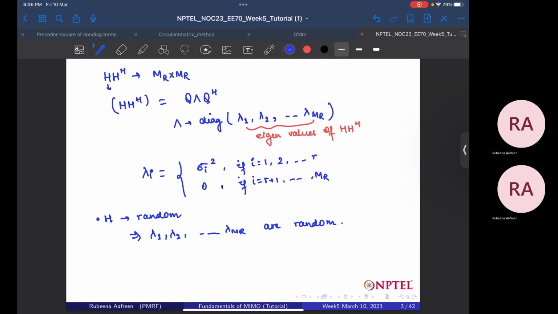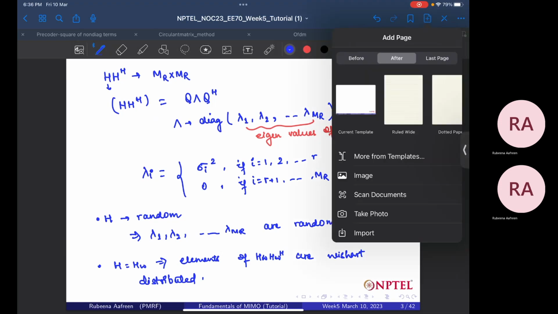Okay. So here one concept is that if H is HW, that is if it is spatially white, then the elements of HW times HW Hermitian are Wishart distributed. You can go through, I think, lecture 20, 21 or 22 for more details on it.